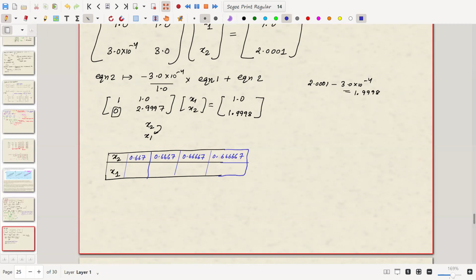All these variables you take, like last time. Then I suggest you find x1 in all the cases and compare with the previous method, with the previous solution.